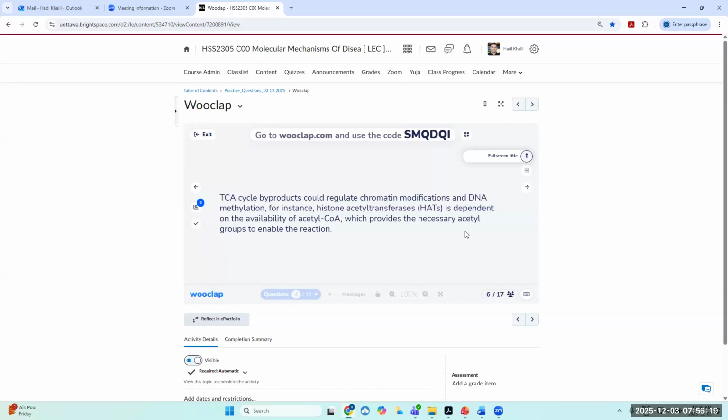So does TCA byproduct really regulate chromatin modification, DNA methylation, or histone transferases? Is this true or false?